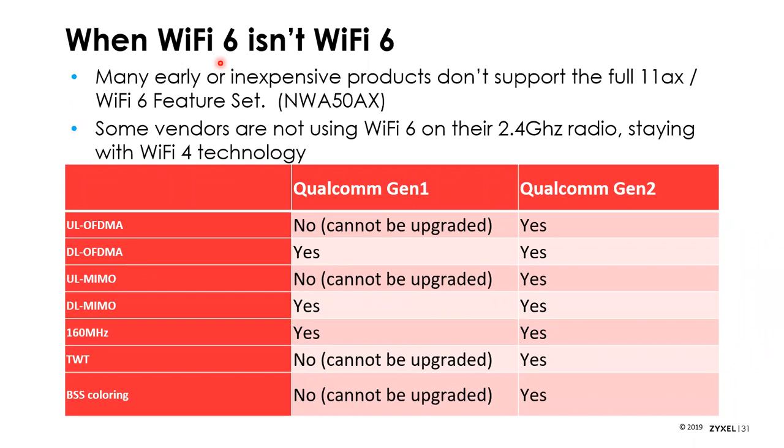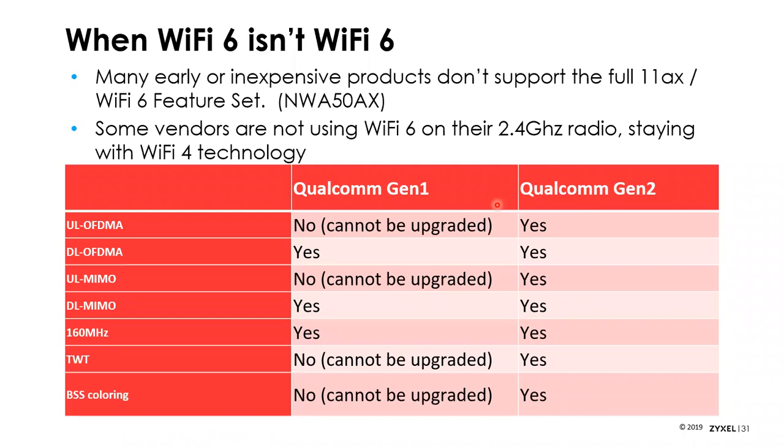Both are 4x4 Wi-Fi 6. And the reason for that is because the early Wi-Fi 6 chipsets are missing some of these key features, and there's no way to upgrade them with software. You have to go up to a newer generation of the chips. I've got a comparison between Gen 1 and Gen 2 Qualcomm on there. It's very similar with Broadcom products.